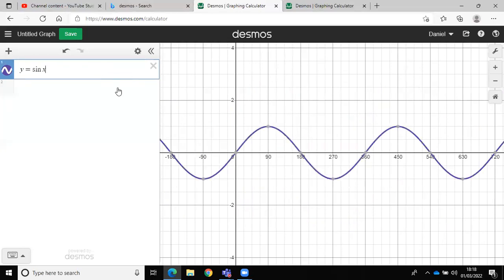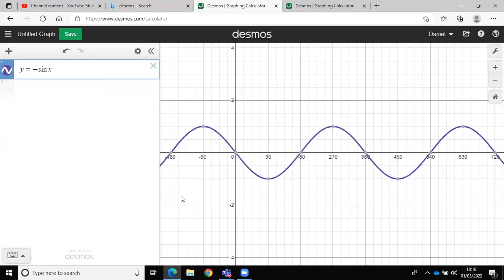So going back to just sine x, one full wave to 360. The other type of graph we looked at was when we put a negative in front. If I put a negative in front of that sine, it flips on its end.